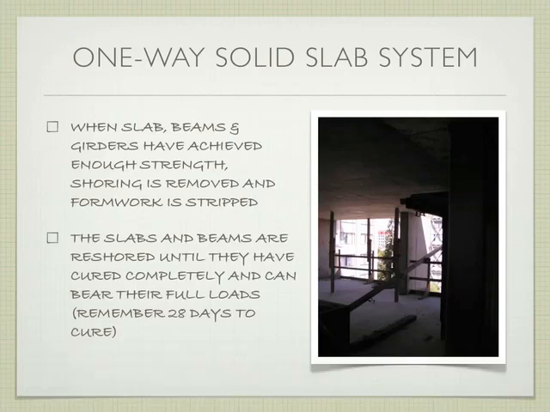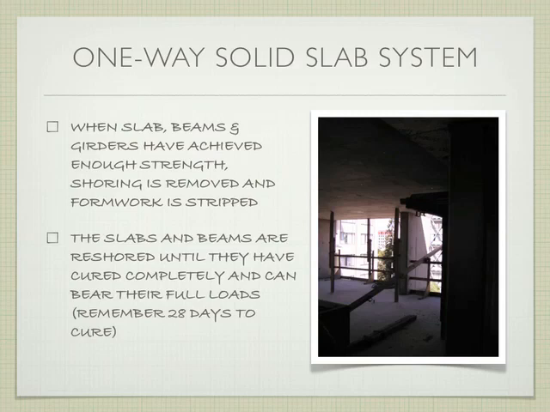So when the slab, beams and girders have achieved enough strength, when they've cured enough to be somewhat self-supporting, they'll remove the bulk of the shoring, the bulk of the formwork, expose the underside of the surface of the building itself, and then they'll come in and reshore with a few shores to help support it while it continues to cure.